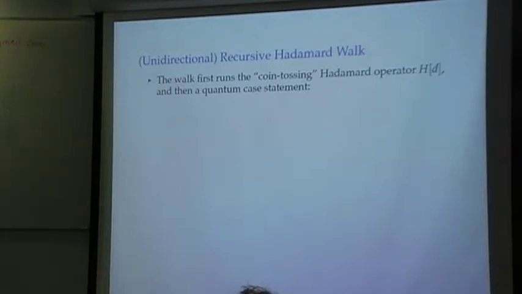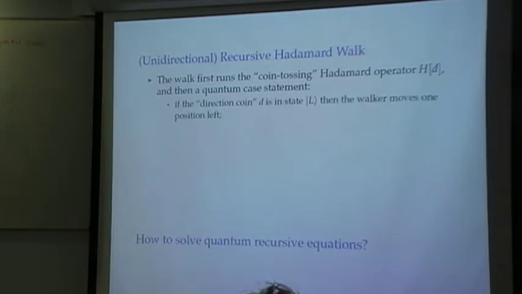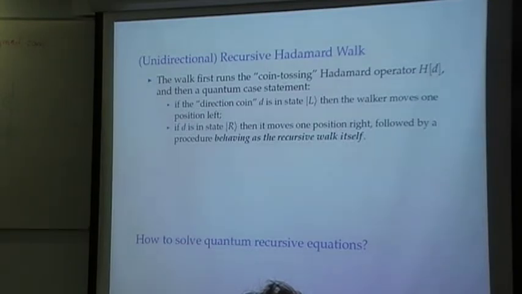This walk first runs the coin-tossing operator, the Hadamard operator H_D, the same as in the Hadamard walk. If the direction coin D is in the state |L>, then the walk will move one step left, again the same as in the Hadamard walk. But if D is in the state |R>, then it moves one step along the position line, followed by the procedure preparing the recursive walk itself.